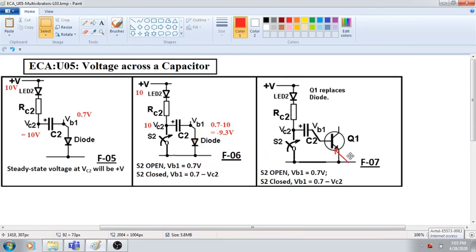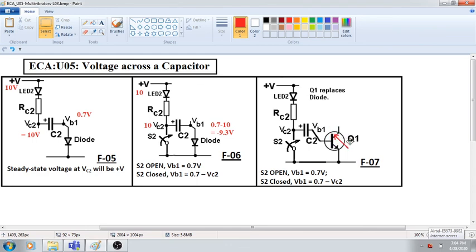So in figure 7 you can see very clearly, we will remove the diode and put the original transistor. In figure 7 what are we doing? Originally we had Q1, here in the collector we had RC1, LED1 connected to supply voltage, and in the base also VB1 we connected RB1 to supply. All that we will bring in the next diagram.